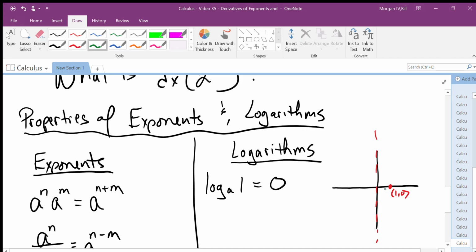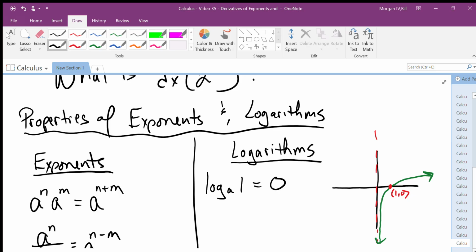So when you plug in an x value of 1, you always get a y value of 0. Log of any base a of 1 is equal to 0. That's our first property of logarithms.